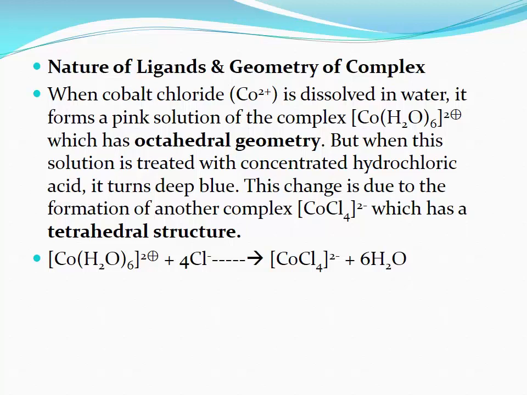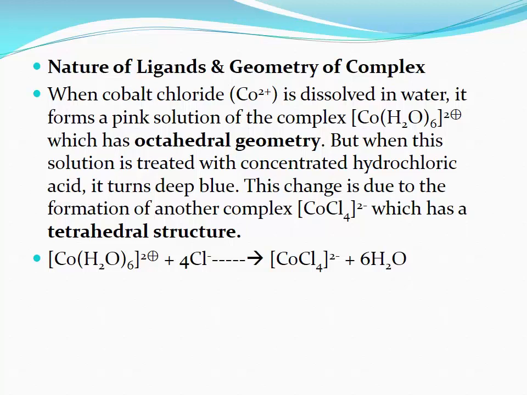That is, the following reaction: [Co(H2O)6]2+, which has octahedral geometry and pink color, when treated with concentrated HCl, is converted into [CoCl4]2-, which has blue or deep blue color, plus 6H2O.